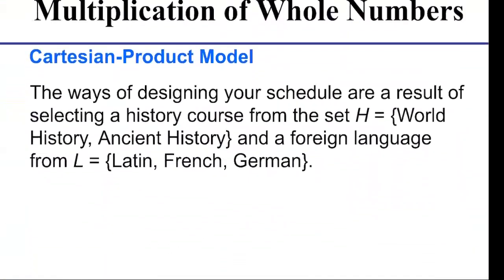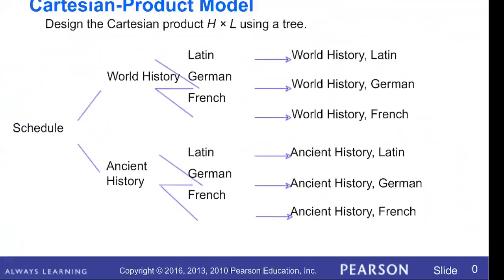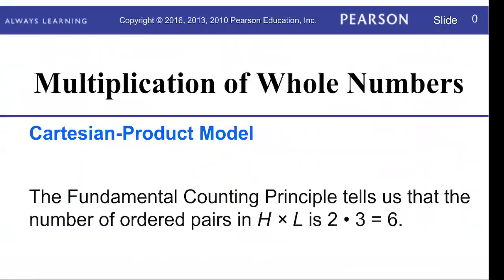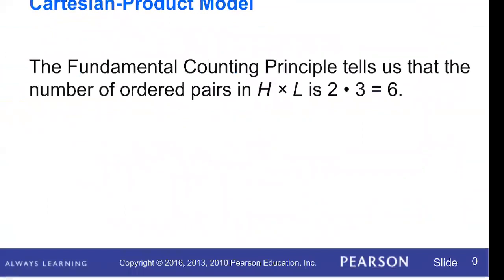I'll let you read all these because I just did it. These trees can get really difficult to read. And that's where we end up with the fundamental counting principle. That's because if we look at history, there's 2 elements in here.